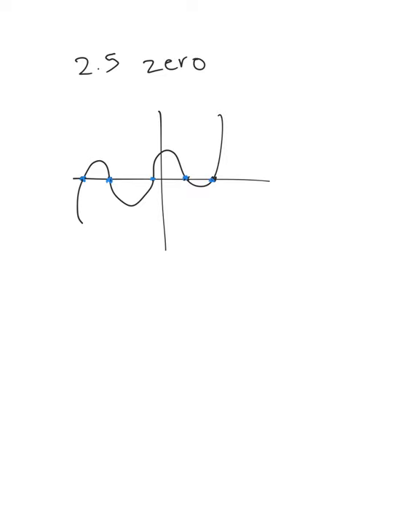So if we were given a function, let's say x^4 minus 3x^5, we want to find out how many zeros we could possibly have. All we have to do is look at the largest exponent, which here is 5.